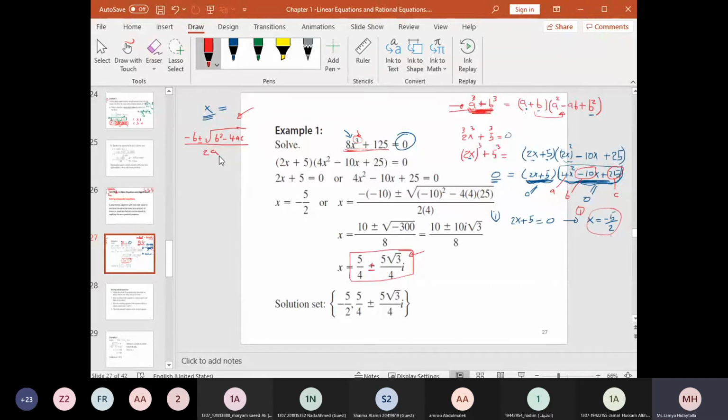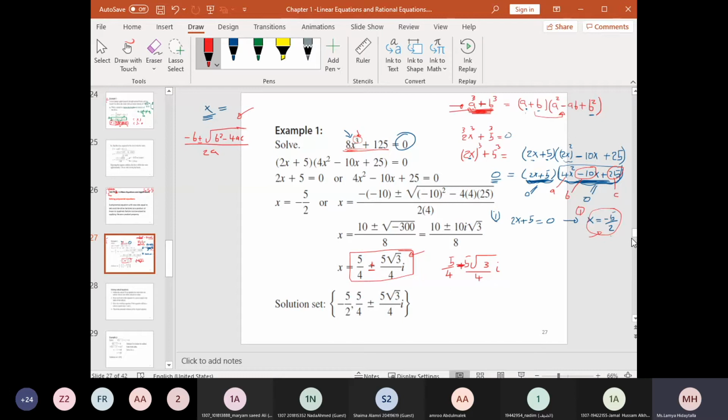One of them is a real solution, in particular a rational solution, and the other 2 are imaginary solutions. With the plus, the solution is 5 over 4 plus 5 square root of 3 over 4i. This is the second solution. For the third, take it with the minus instead of the plus.